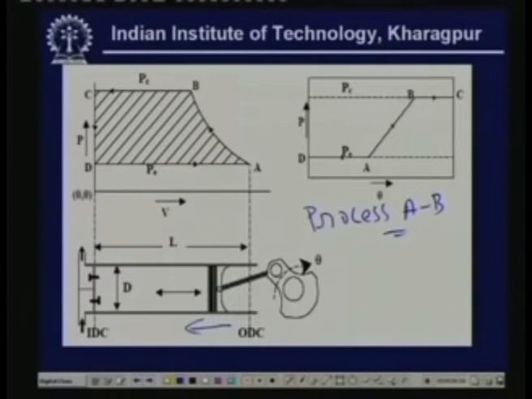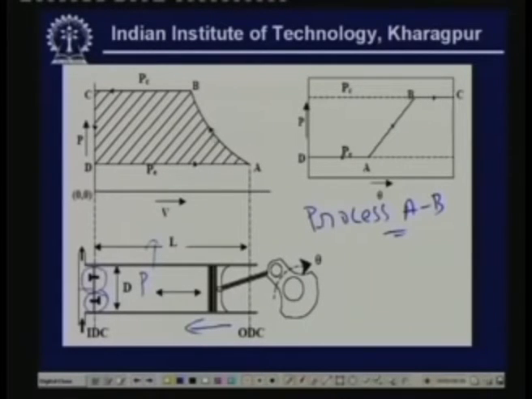As it moves, the volume of the refrigerant inside the cylinder starts decreasing and the pressure builds up. The suction valve will be closed, because the pressure inside will be greater than the suction pressure. The discharge valve also remains closed, because this pressure is lower than the condensing pressure. As a result, both the valves are closed.